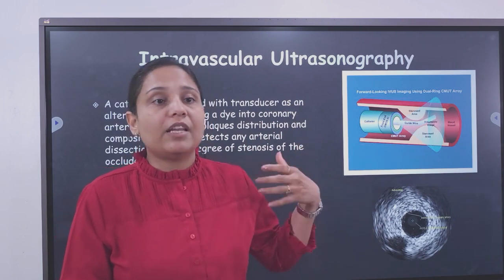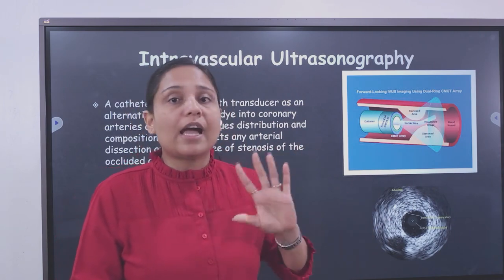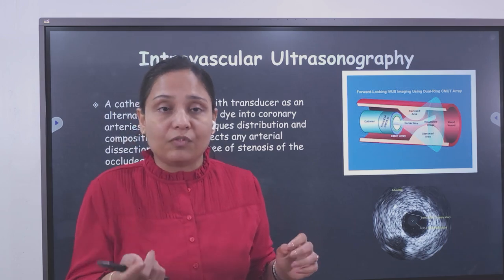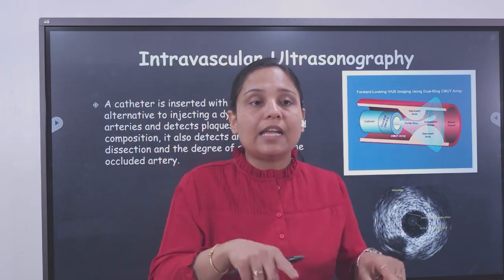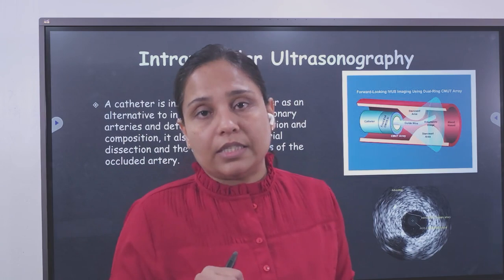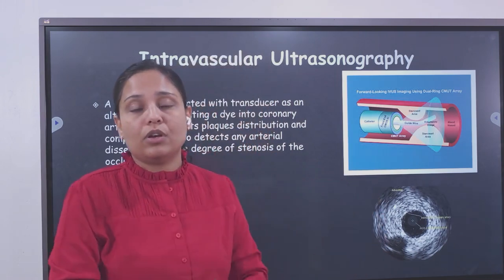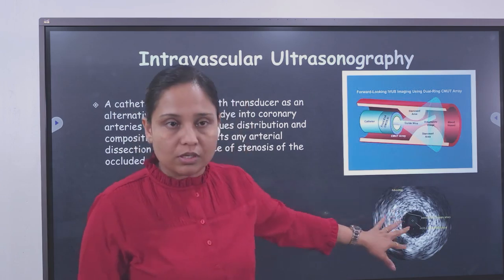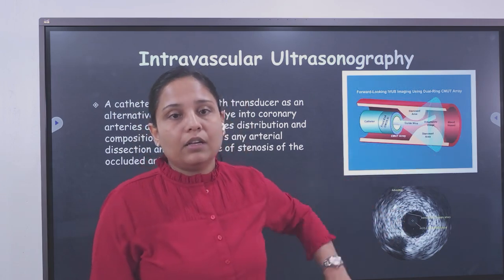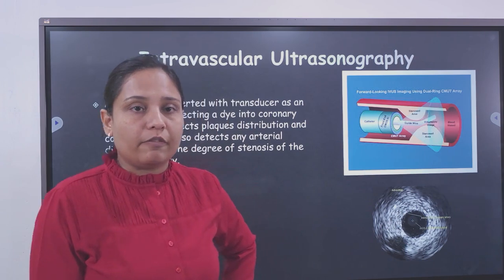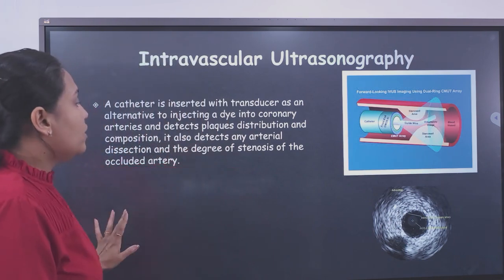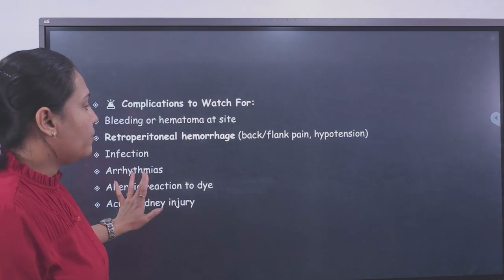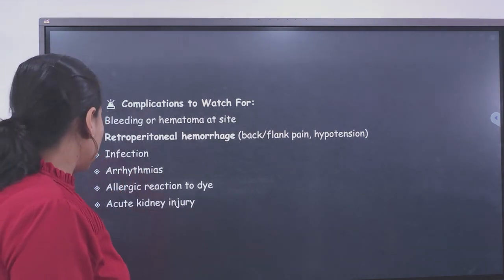But this catheter will have a transducer, so we don't have to inject the dye. Without injecting dye, we can take the picture through this ultrasound. So this is intravascular ultrasound. This is how you can get the real picture when you are going in. You can have some idea about the blood vessels. Okay, so that is the procedure that we did here, cardiac catheterization.